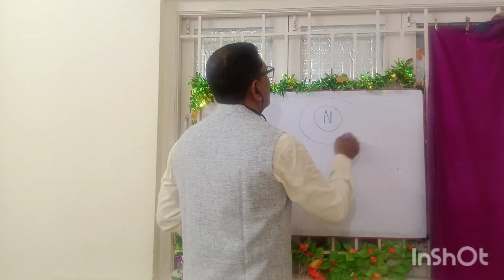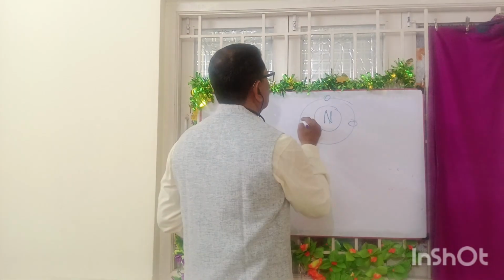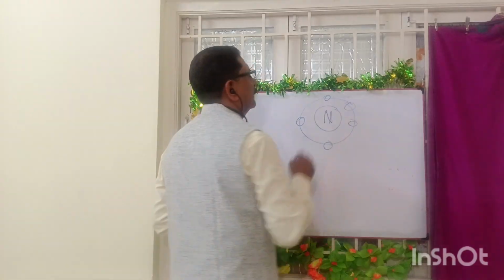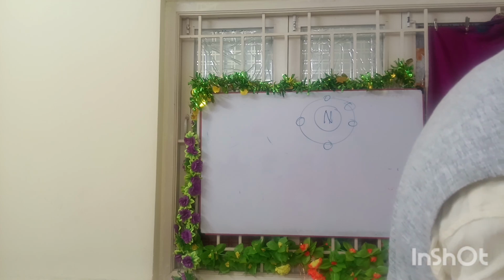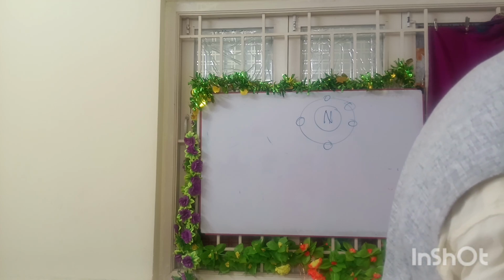Nitrogen, outside it is 1, 2, 3, 4 and 5. Then after nitrogen, how much do we need? Up to phosphorus is enough.